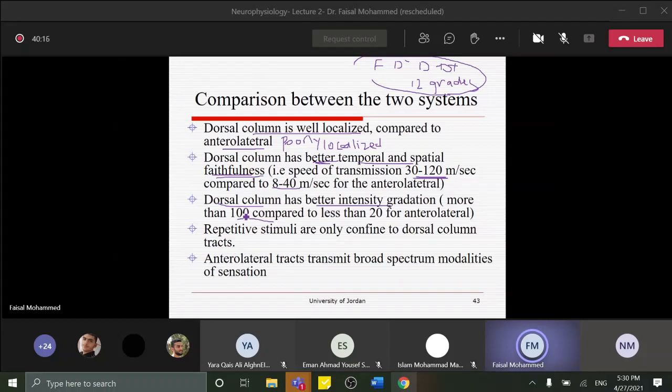So the dorsal column has better intensity grades, more grades, while the anterior lateral has fewer than 20 grades.